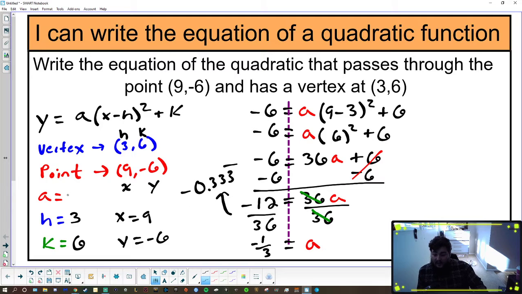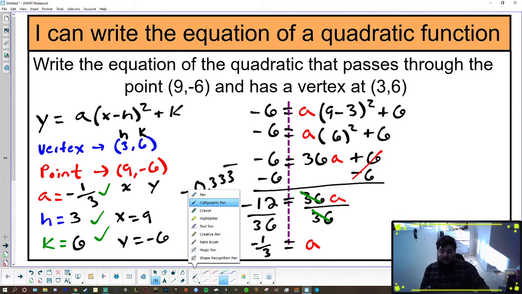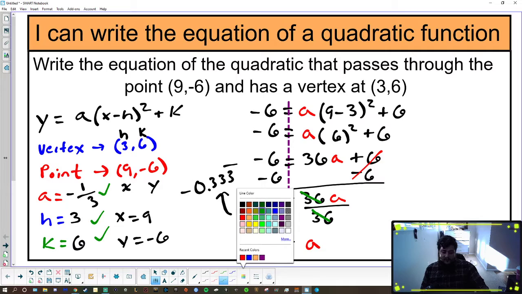Now that I have my a value, negative 1/3, I have h and k, I have the three all-stars, a, h, and k. I can write the equation of the quadratic that passes through 9, negative 6, and has a vertex of 3, 6.